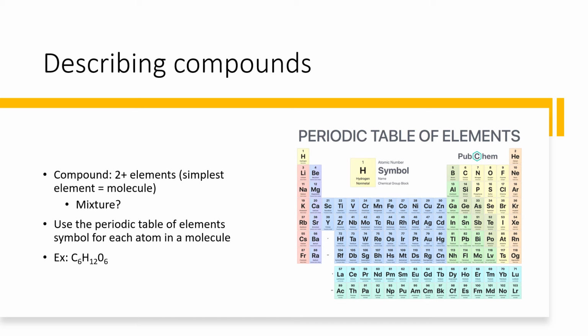Other elements that we'll commonly come across, especially in a life or biology context, are hydrogen, which comes up all the time, carbon, nitrogen, oxygen, chlorine and sodium, which make up table salt, calcium, iron, and so forth.